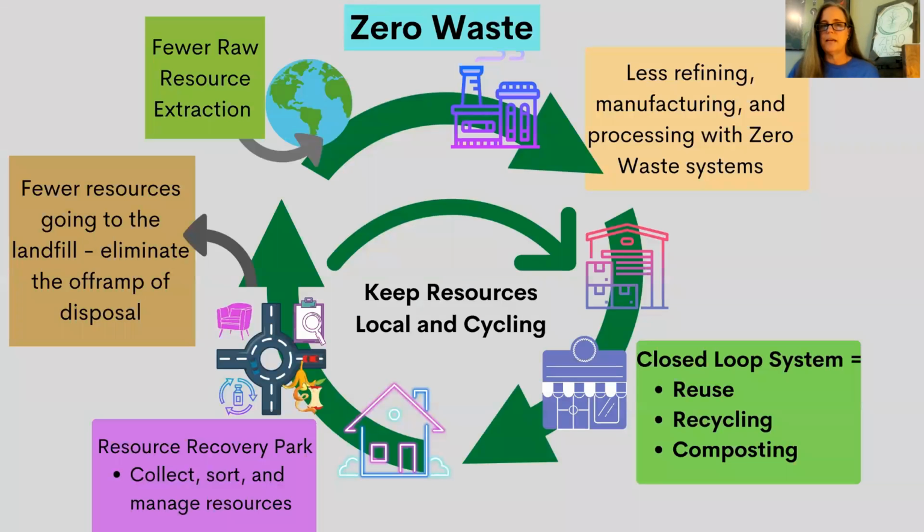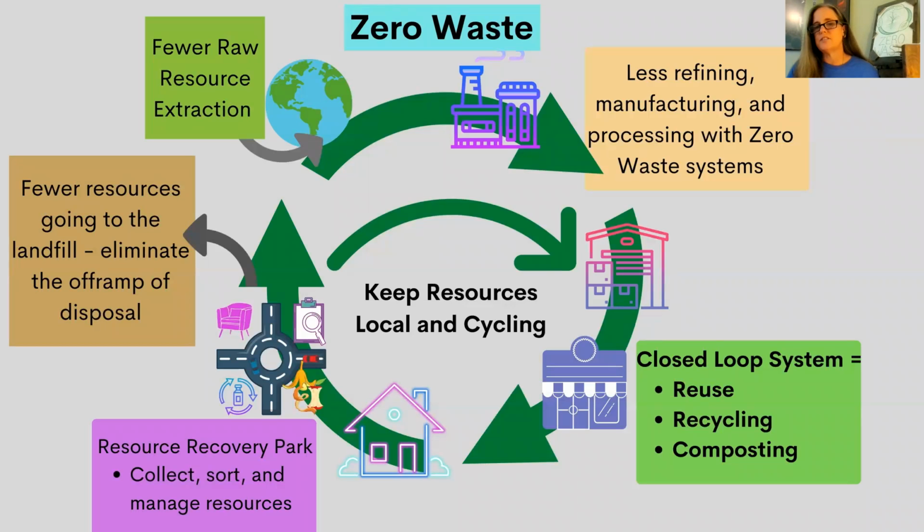So this is what we actually want to work towards. This is a complicated graphic that I created, but it's really quite simple if you think about it. It's just a continuous cycle of resource use that we can use in our day-to-day lives, just like in nature. And it really is what zero waste is all about. So we want to keep resources local and cycling. For the most part, we do need raw materials extracted from the earth to make products and packaging.